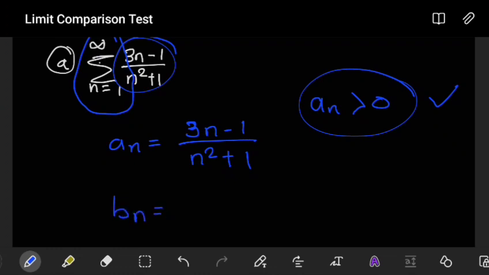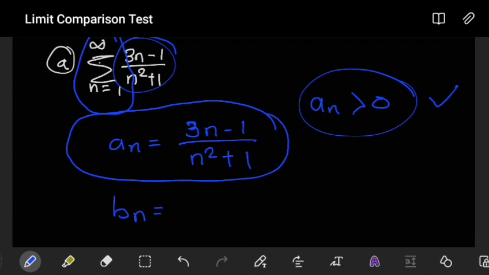Now, the second thing that we have to do is define our bn. For bn, all we want to do is to make it based on this as much as possible. Since the summation is being evaluated as values of n become very, very big, the numbers here will not really do anything.